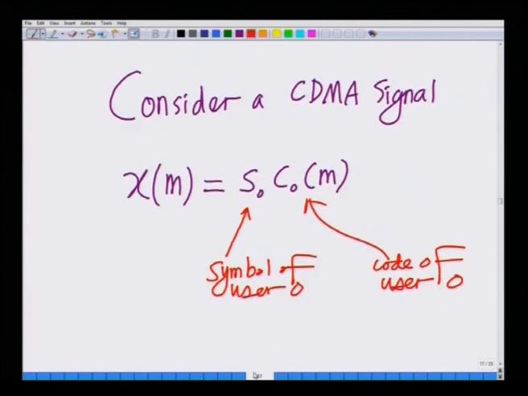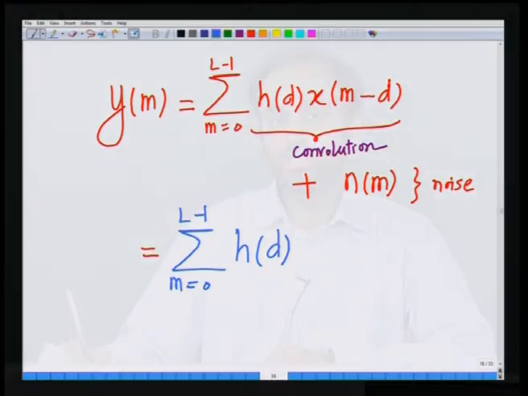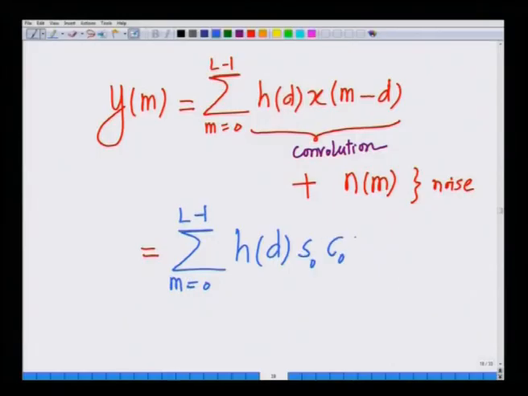Now, let me look at the signal. The signal x[m] is nothing but S0 times C0[m]. So, instead of x[m], I will substitute S0 times C0[m]. Hence, this is the sum over d from 0 to L minus 1 of h[d], and x[m-d] is S0 times C0[m-d], plus n[m], that is the noise at the receiver.